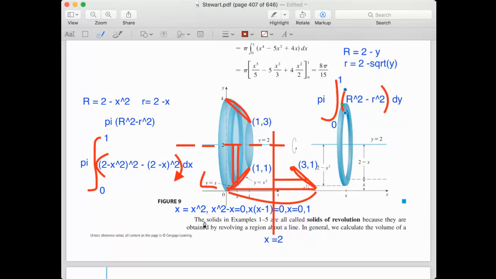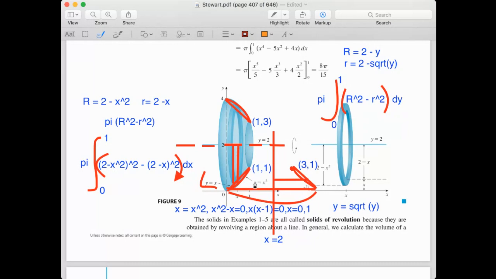Or we could solve by setting the equations equal to each other. How do we do that? If we rotate along x equals 2, fine. One function is y equals x, another function is y equals x squared.